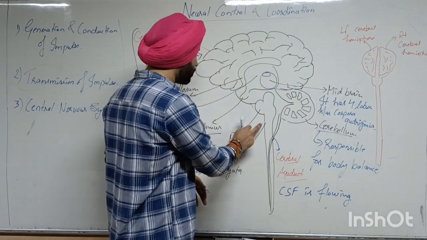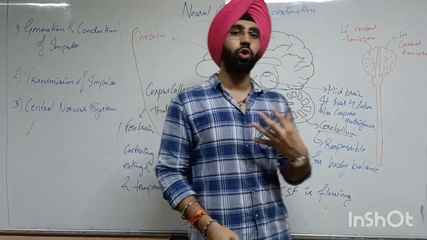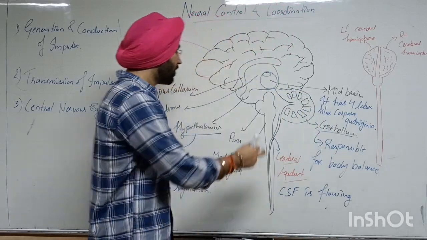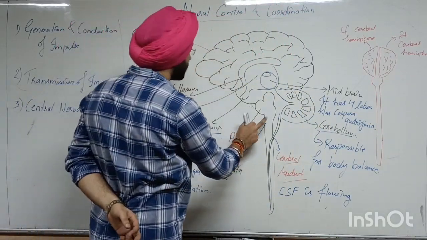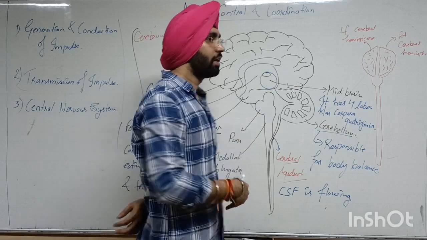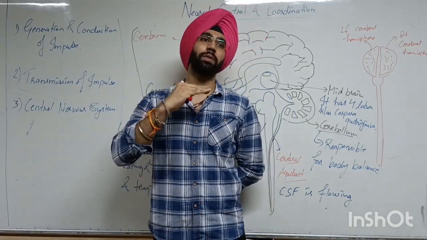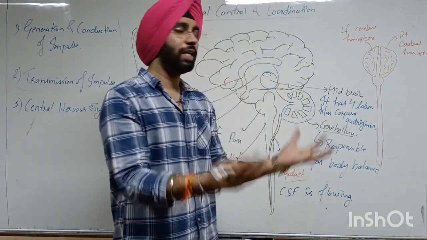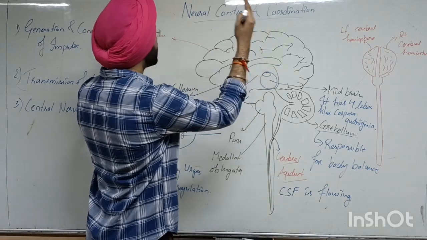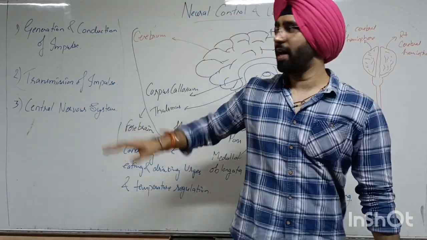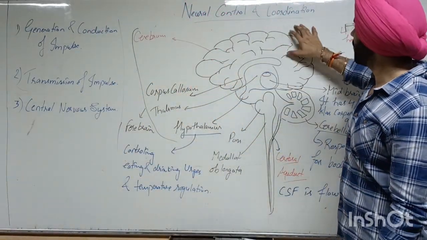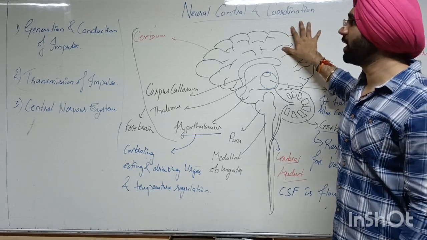That all comes from the medulla oblongata. And the respiratory center is also present in the medulla oblongata, which is responsible for deep breathing or quick, fast breathing. All is being controlled by this central nervous system. This is the command and control center of our body.